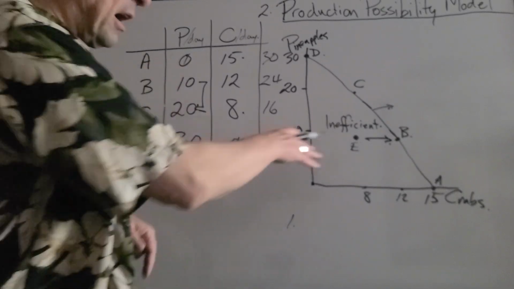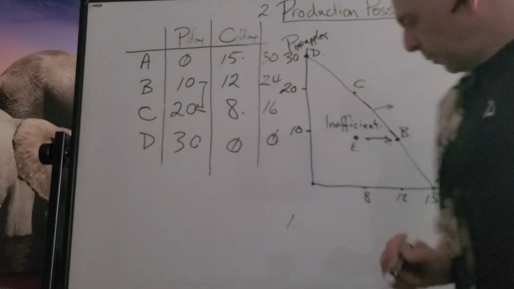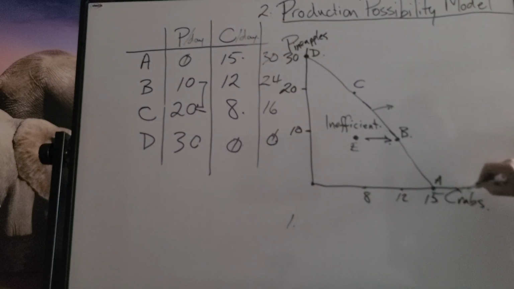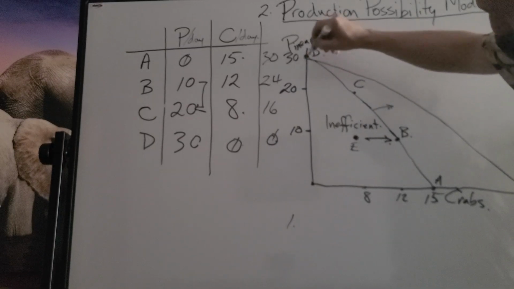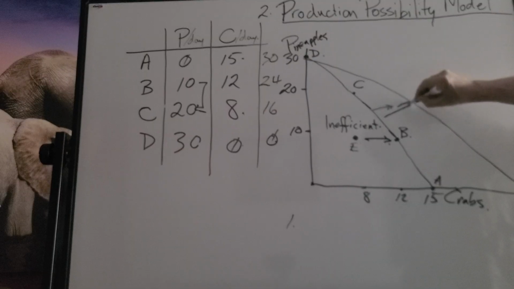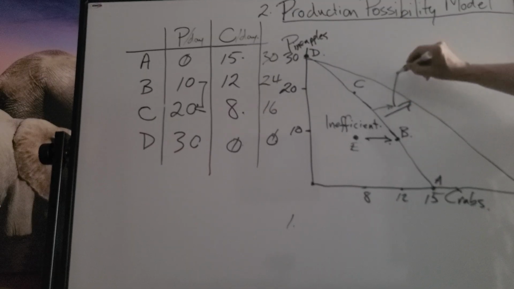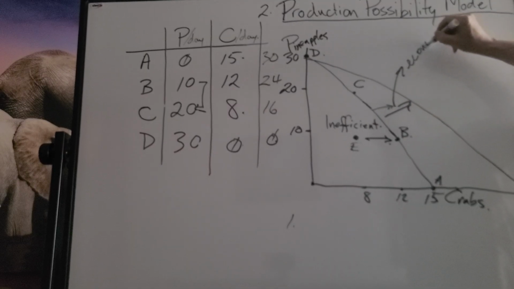Because my maximum amount of crabs that I can get has just doubled because of my technology. So now I'm way out here at 30. So I've got a production possibility curve that's now moved outward. This is called economic growth.